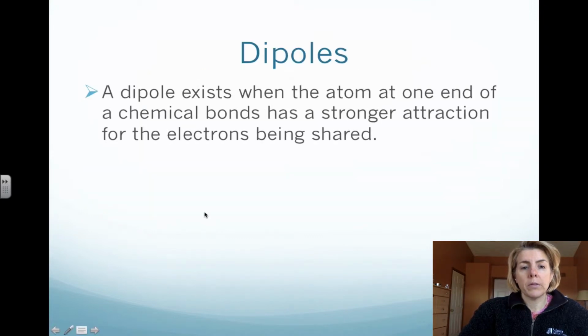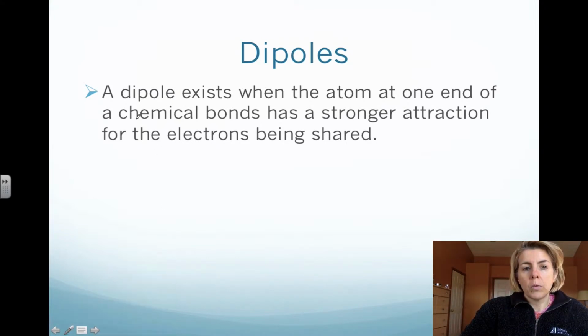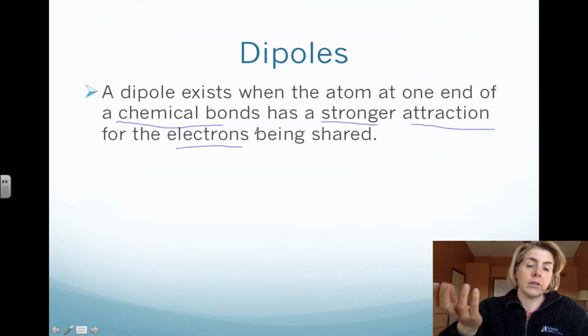So with a dipole you have to have a difference between the two atoms. We're talking about chemical bonds, and one atom has a stronger attraction for electrons. An example of this would be oxygen.